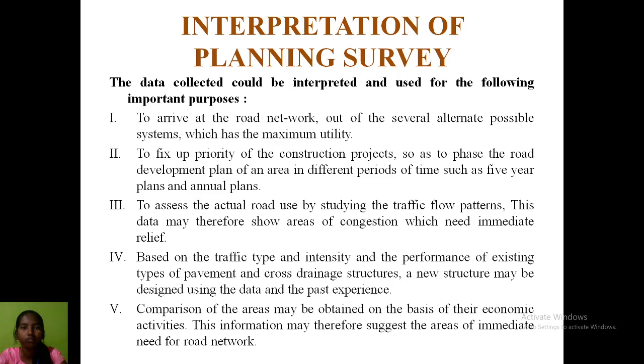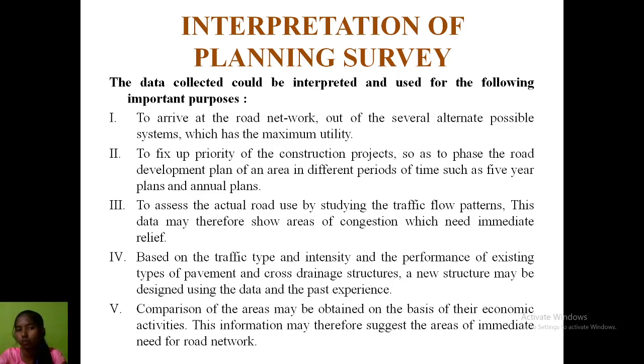Road development plan of an area for different periods of time, such as 5-year plans. And the third one is the actual road study of traffic flow patterns. This data may show the area of congestion.